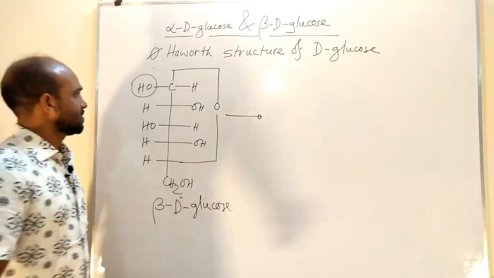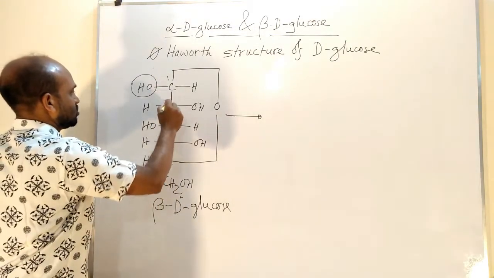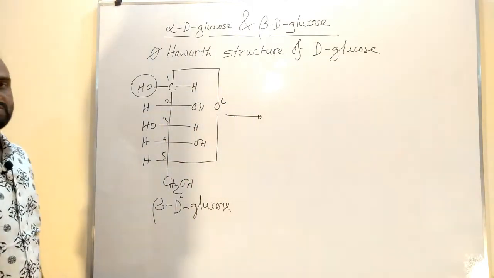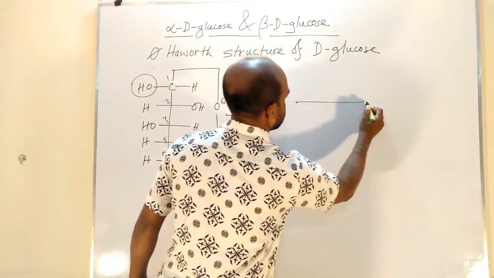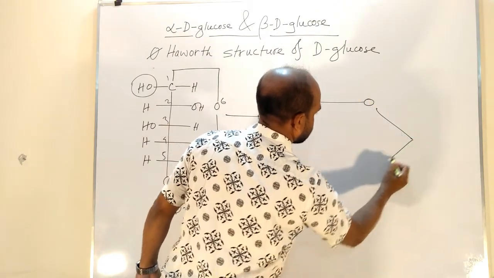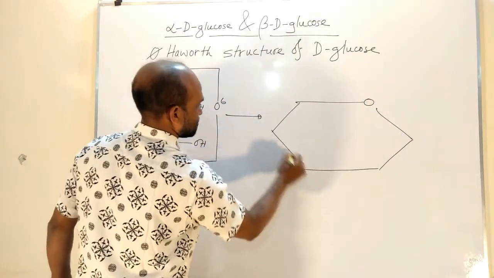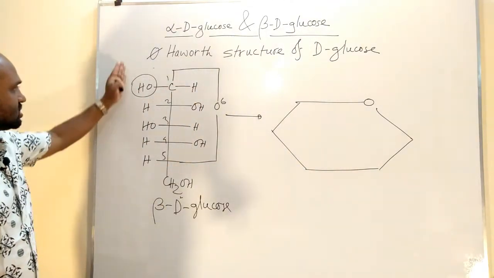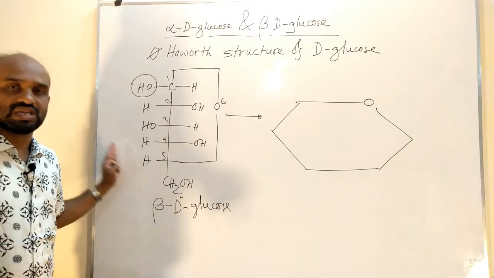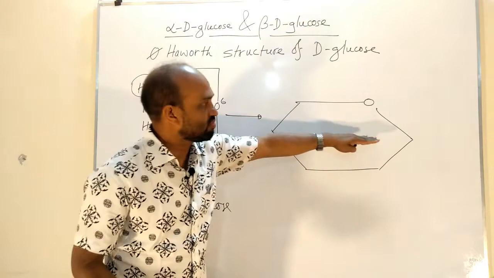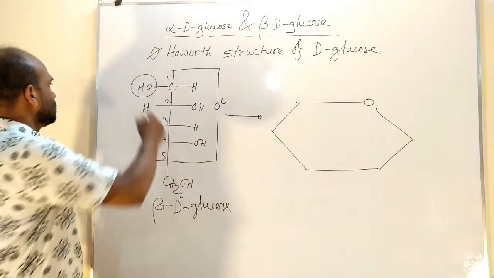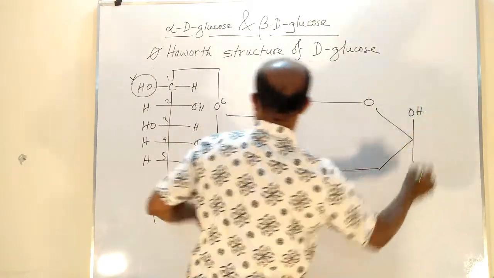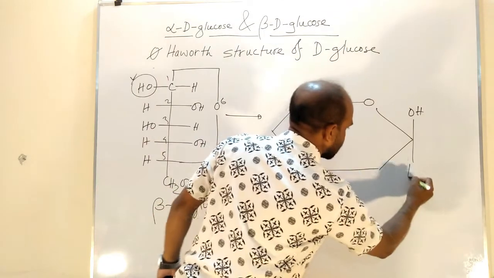Let's write. Here there are 6 members, 1, 2, 3, 4, 5, and oxygen another member, so 6 members. And like the previous one, the groups which are on the left side will be written above the plane. So first carbon atom, this is on the left side, so above the plane, and this hydrogen is below the plane.